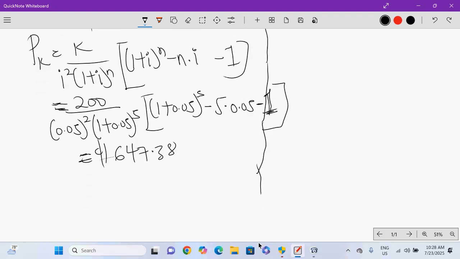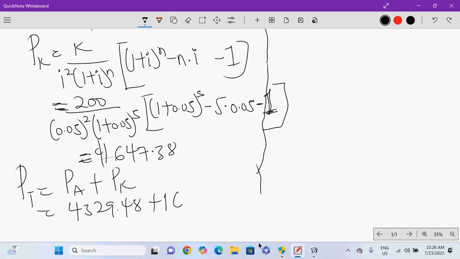So now, to get the total present value, that is the PA plus the PK, we have 4,329.48 plus 1,647.38, which gives us 5,976.86. So this is the present value.